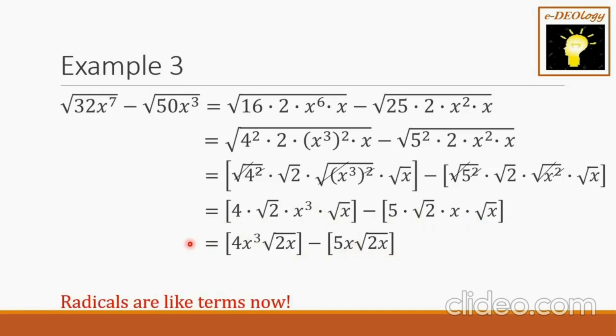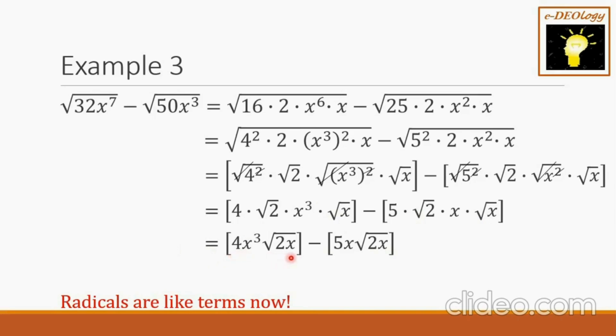Now on this line, we can now observe that we have like radicals. It means we can now apply our rule of subtraction of like radicals. So we're going to add the coefficients of the radicals.